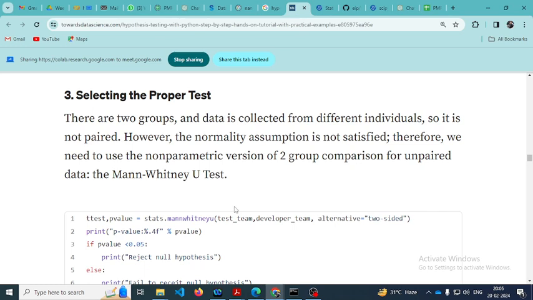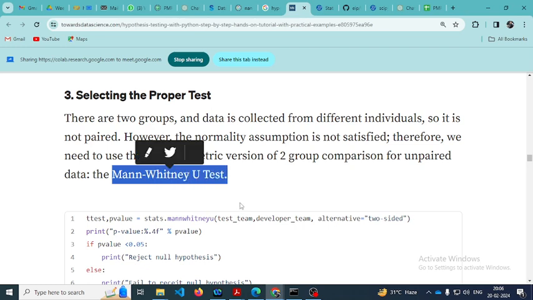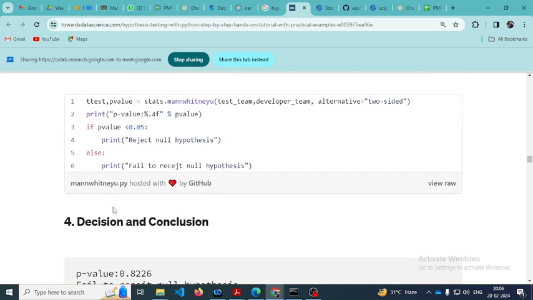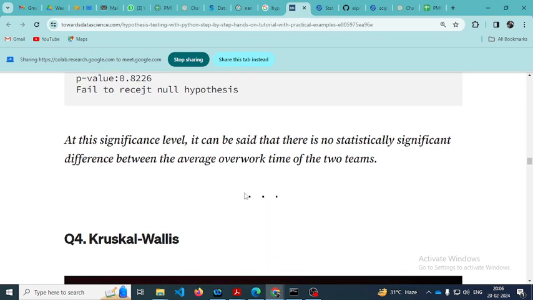Then we need to use a non-parametric version of two-group comparison. For unpaired data, the most famous test is the Mann-Whitney U test. You call that function, you get your p-value, and then you can make your conclusion.